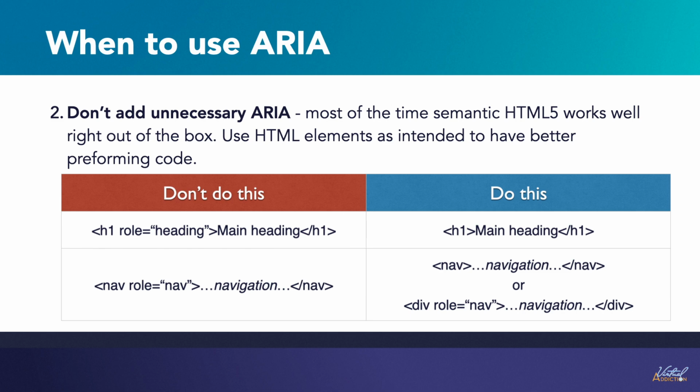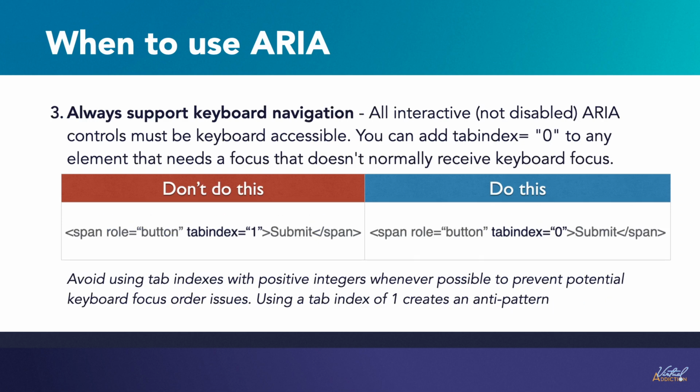So by itself, the HTML5 element of nav defines that area as being navigation. If you're using some generic element like div to create your navigation, then the ARIA role of nav attribute would be appropriate. It's always better to do less work and have better performing code when you use the native HTML elements as they're intended.